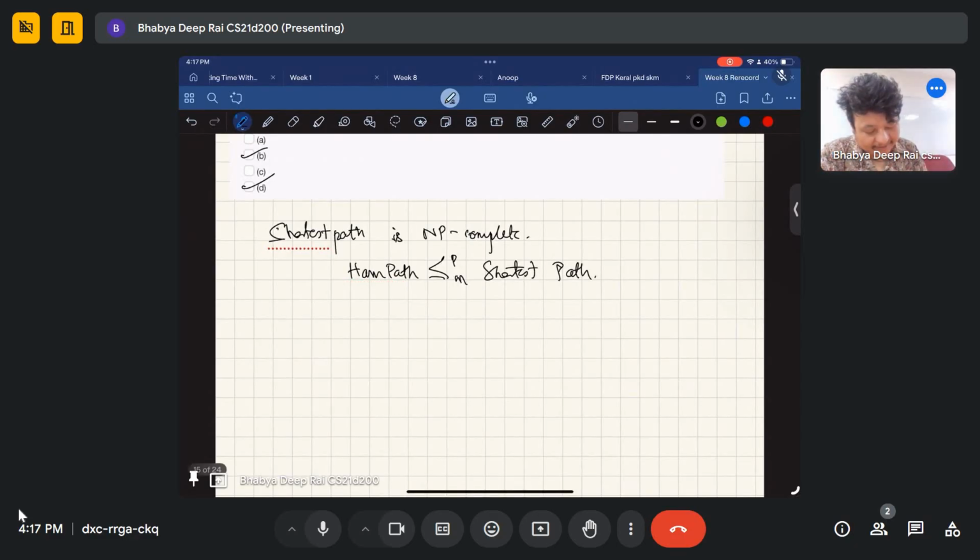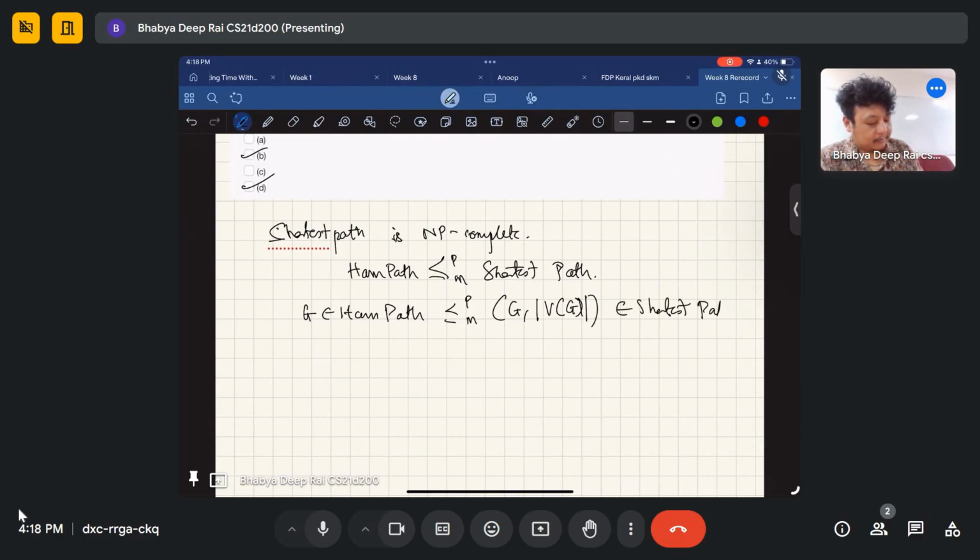To check whether G has a Hamiltonian path or not, what does Hamiltonian path mean? It visits all the vertices. A single path which visits all the vertices is the same as saying whether there is a path of length n. G comma the number of vertices as your k. And you're done.